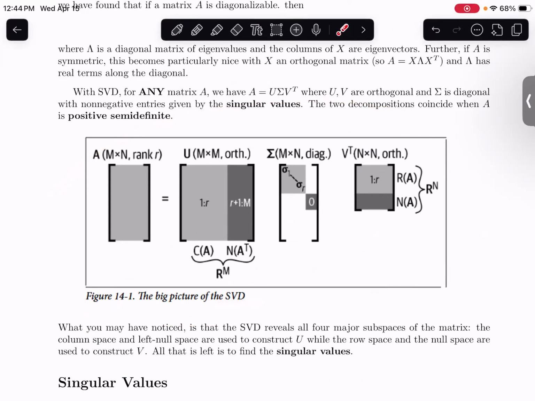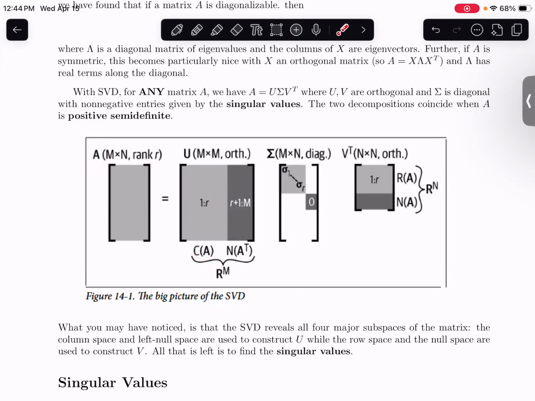And so how this matrix U is going to be constructed: depending on the rank of your matrix A, we're saying A has rank r here. The first r columns of this matrix are going to consist of a basis for your column space, or really an orthonormal basis of your column space.